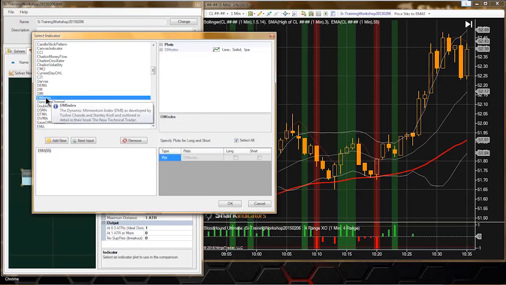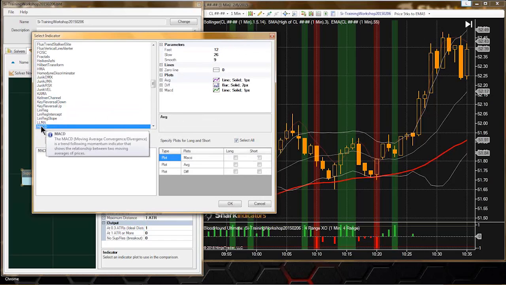All right, so just as an example, if I go to the MACD, right, the MACD has 3 plots here, and they're all unchecked. And if I wanted to check them all, right, so the support resistance solver could analyze all 3 plots.